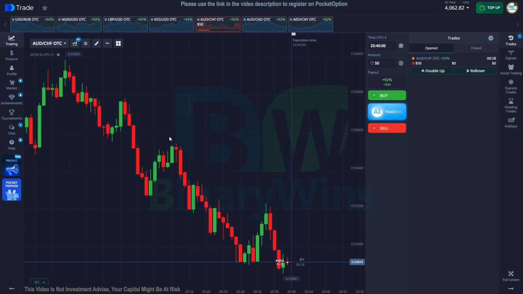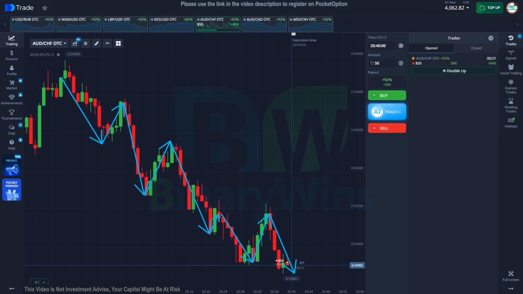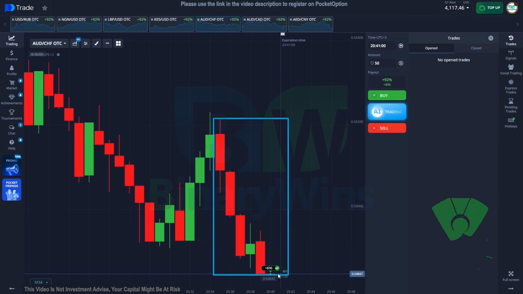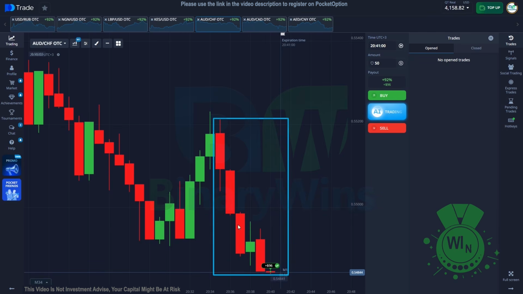First of all, as you can see, we have a strong and healthy downtrend. Okay? So, we followed the first important principle, which is to identify the trend and trade in the direction of the trend. After that, if you look, a 5 candlestick pattern has formed for me.